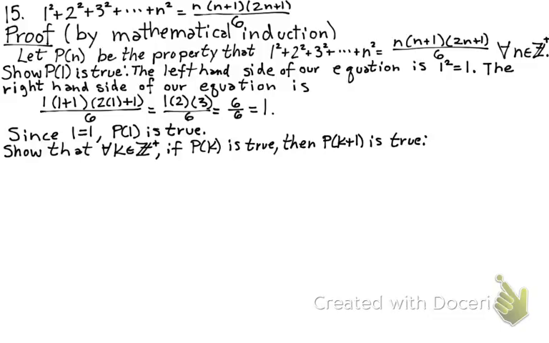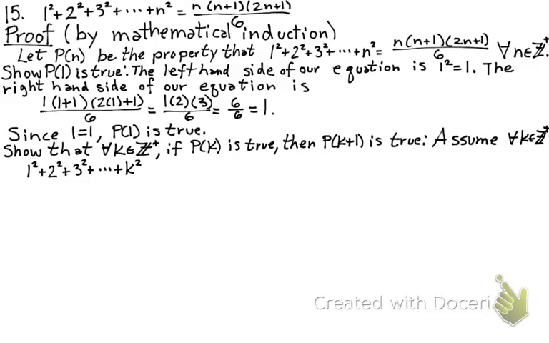So now, to start off, we assume for all k elements of the positive integers, we assume that 1 squared plus 2 squared plus 3 squared all the way up to k squared is k times k plus 1 times 2k plus 1 over 6. Notice that we use n at the very beginning and then we use k's. We can't use the same variable there.